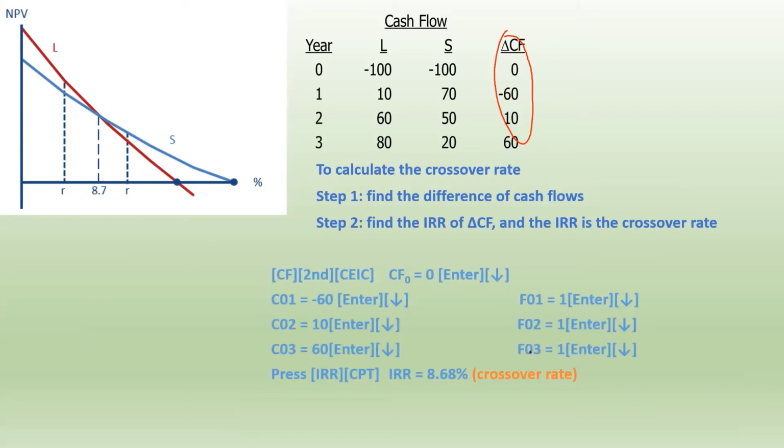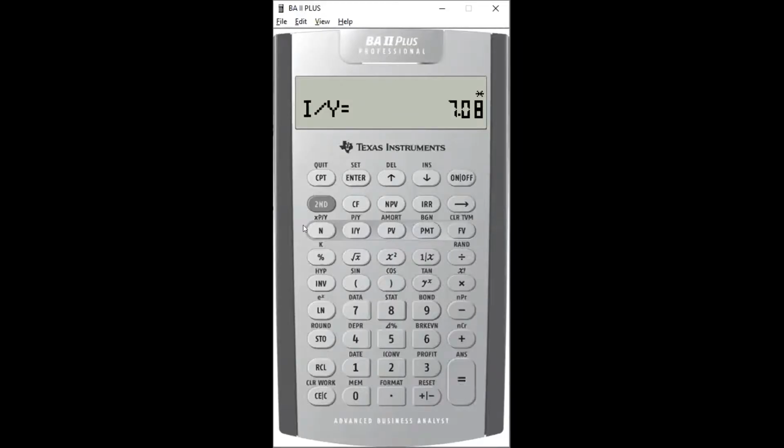So I put the financial calculator procedure here, and I switch to the financial calculator. Again, we press cash flows and clear all the previous work. The cash flow difference between projects L and S at t equals 0 is 0, because the initial costs are equal to each other. The first year, the difference is -60.